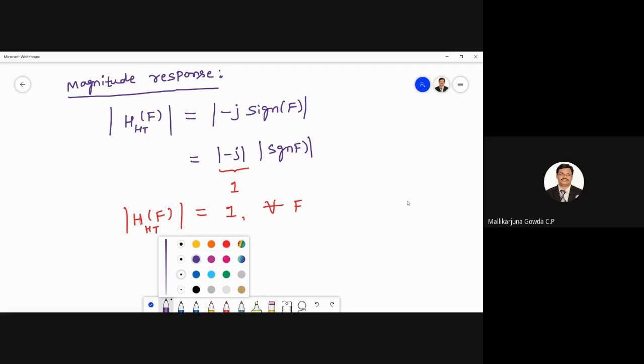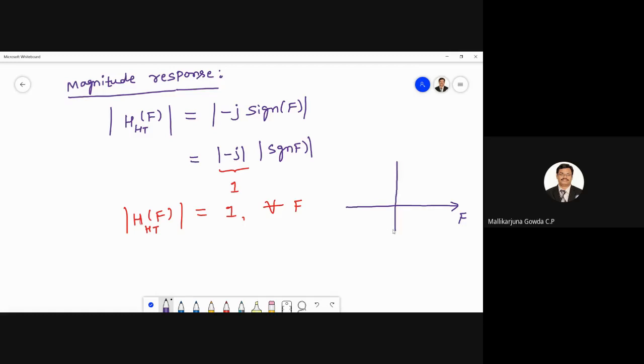Because if I take this as my frequency axis, shall I write like this? It is 1 for all f. This is the magnitude response H_T(f). Is it fine? Can I write like this?